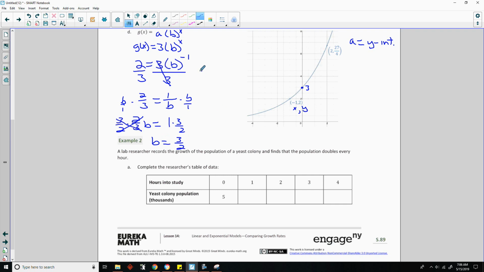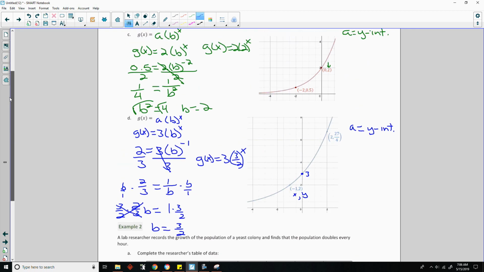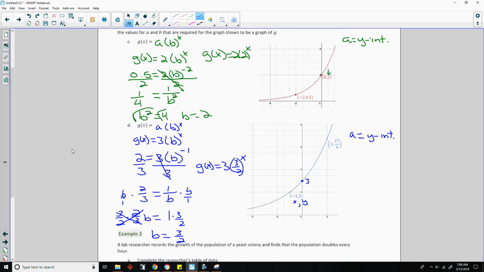So now my equation is g of x equals my a, which was 3, times my b, which is 3/2, to the -1. Actually, I don't want to put the -1. It's an equation in general, so this should be x. Did I do this up above here? No, I did put the x. Okay.